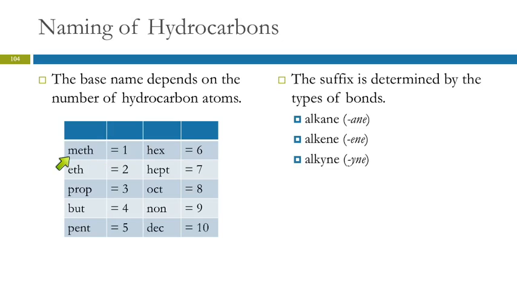So for 1, the prefix is meth. For 2, it's eth. 3 is prop. 4 is but. How do you remember that? Mom eats pickled bananas. Oops, this isn't in your book. This is just what I learned in college. Mom eats pickled bananas. So it kind of makes you think Mom might be pregnant.